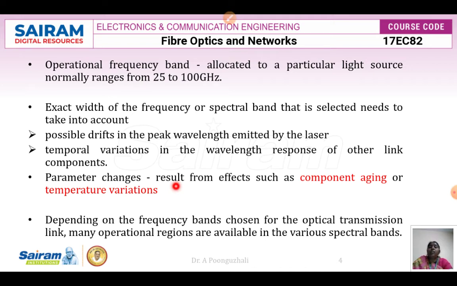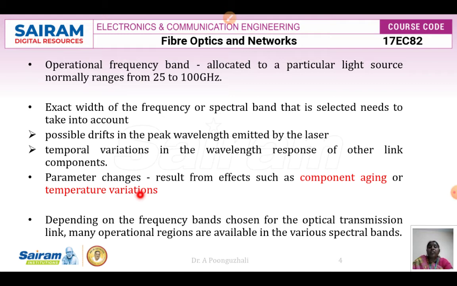Next are the temporal variations, or the parameters that vary the wavelength in response to the other link components. In the link components there can be parameter changes. These parameter changes can come from component aging or from temperature variations.